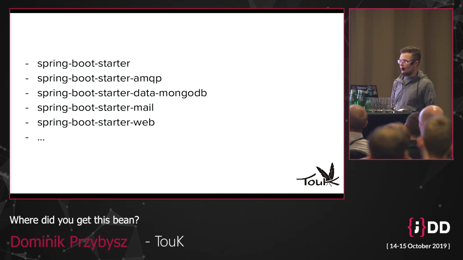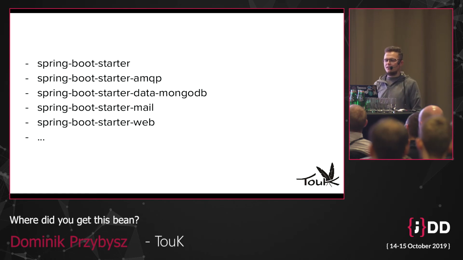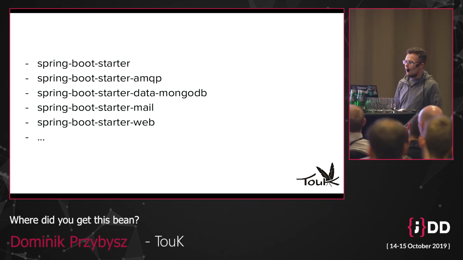For example, the core Spring comes with the Spring Boot starter without any suffix. And in our application we want to have AMQP support for sending events via RabbitMQ, MongoDB to store some data in the Mongo database, to send some emails, and to expose some services using the Spring Boot starter web.